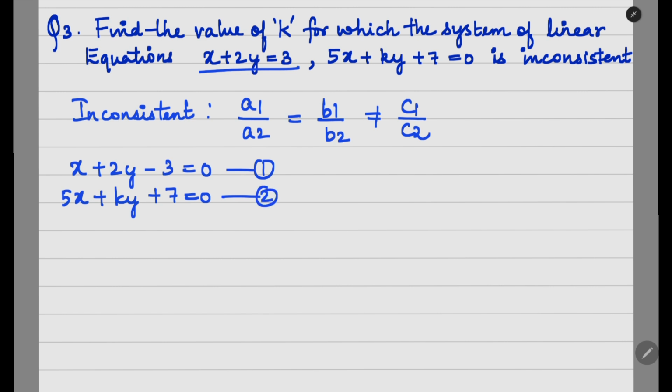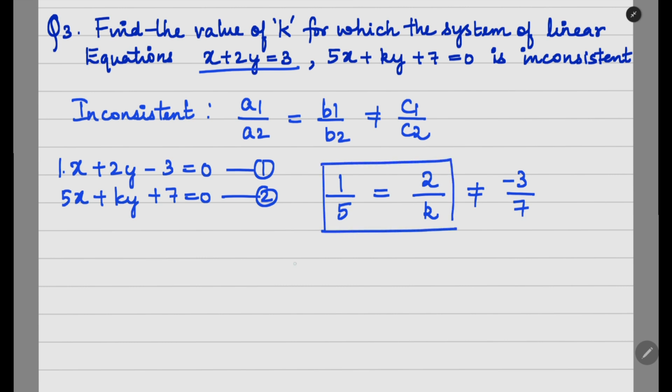Let us write it in the ratio form. a1 by a2 is nothing but 1 by 5. And b1 by b2 should be equal to 2 by k, b1 is 2, b2 is k, should not be equal to minus 3 by 7. So from these two, you can find the value of k.